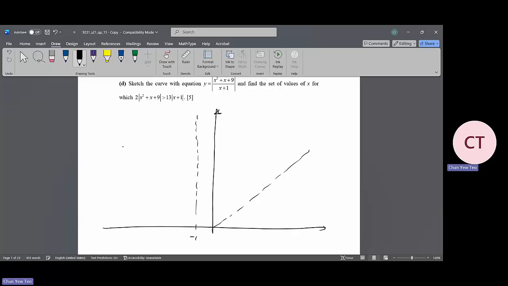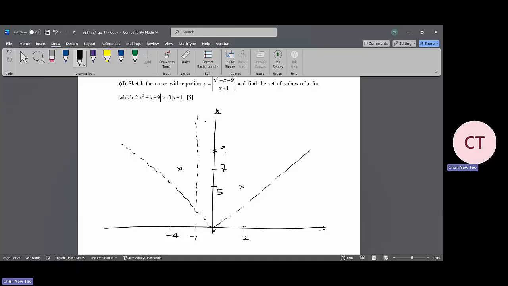Then it will reflect. So this is a 5. This is a 7. And this is a 9. This is a 2. This is a -4, and -4 somewhere here, 7. So you can sketch a graph.